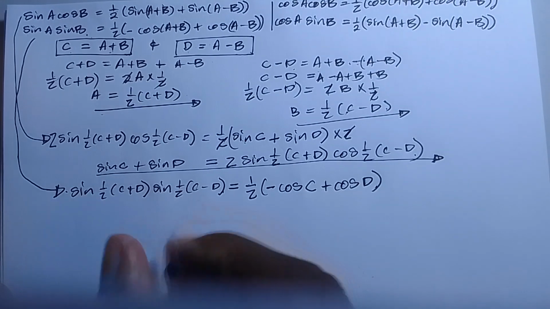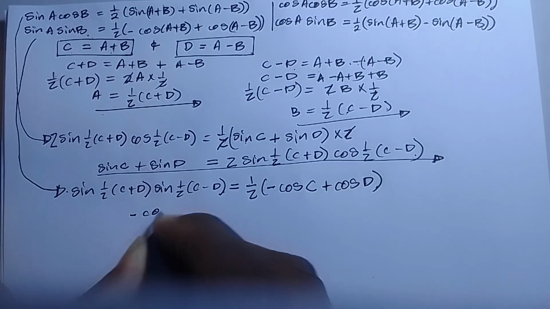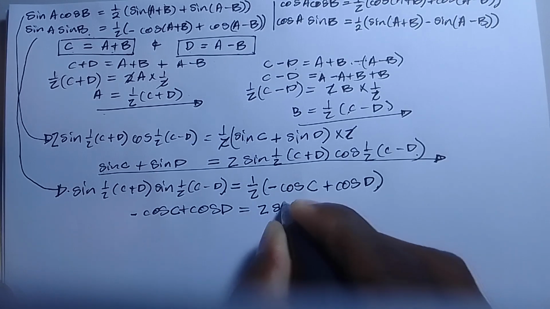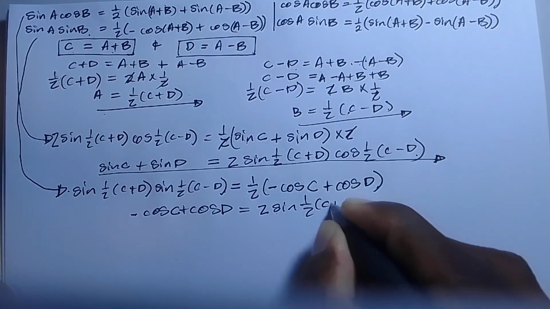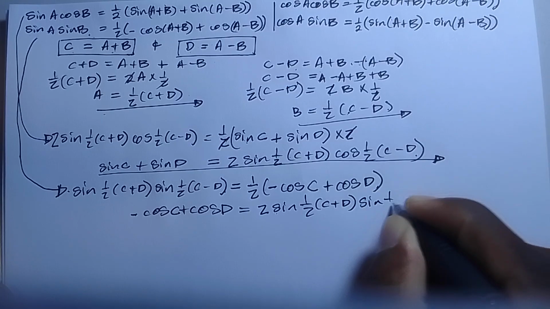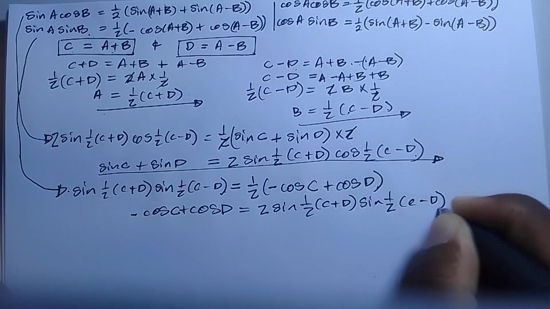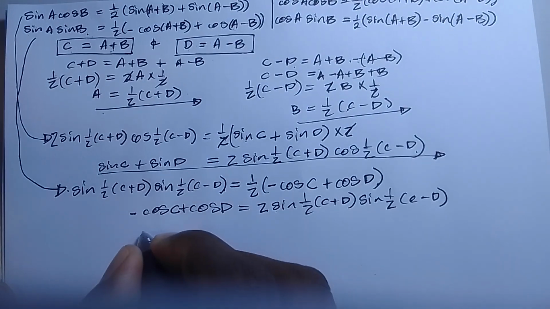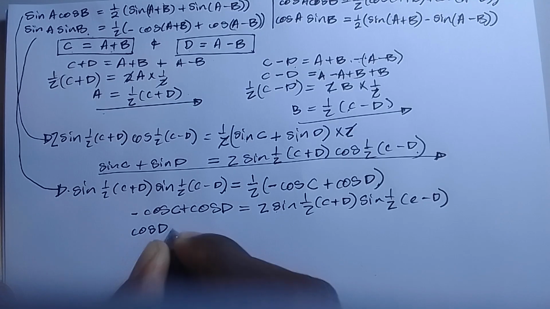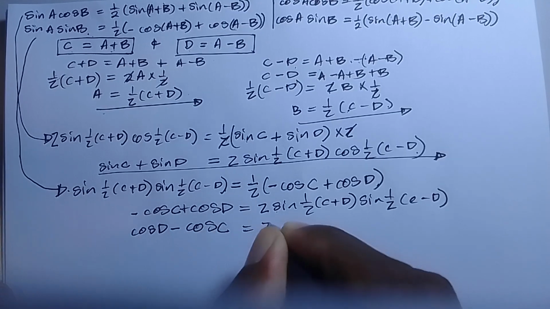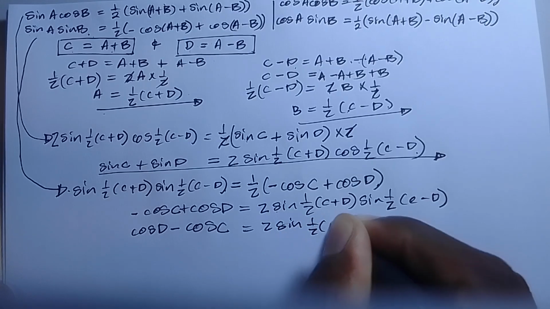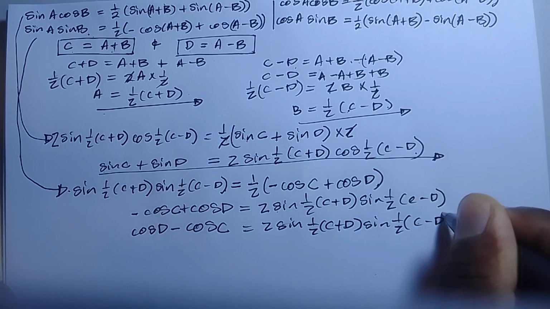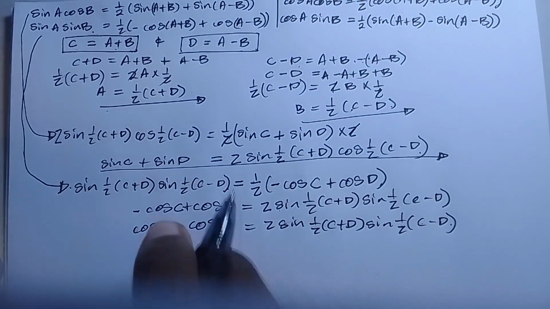You're gonna have this, which is negative cos C plus cos D is 2 sine 1 over 2 into C plus D sine 1 over 2 C minus D. So let's write this in a neat way and start with a positive term. It's going to be cos D minus cos C, which will be 2 sine 1 over 2 C plus D sine 1 over 2 C minus D. Right. That's our second one.